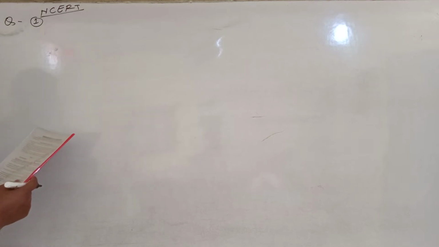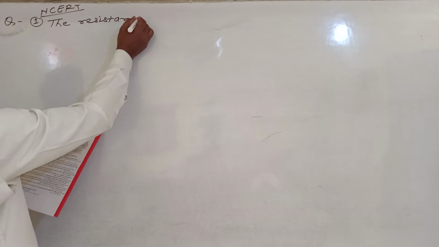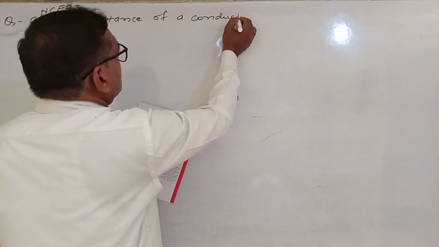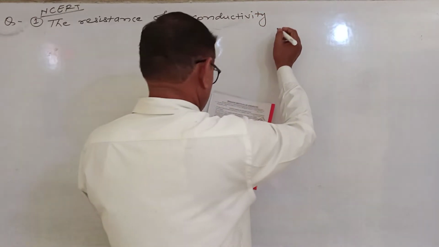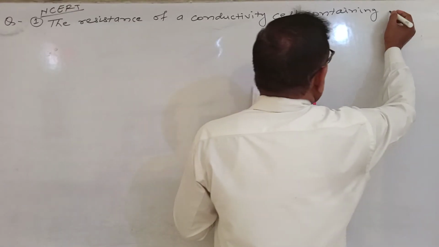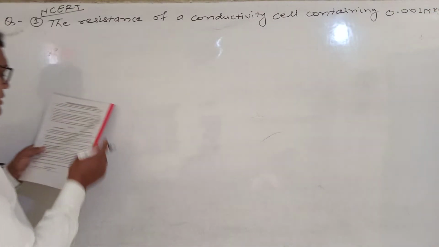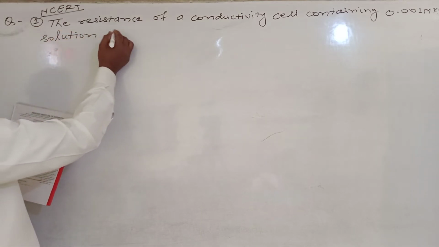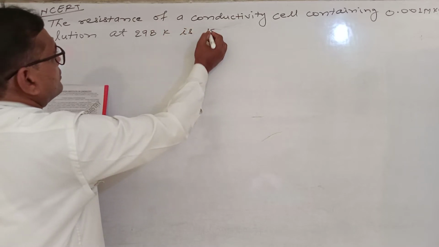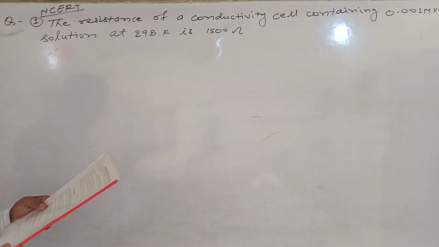The resistance of a conductivity cell containing 0.001 M KCl solution at 298 Kelvin is 1500 ohm.